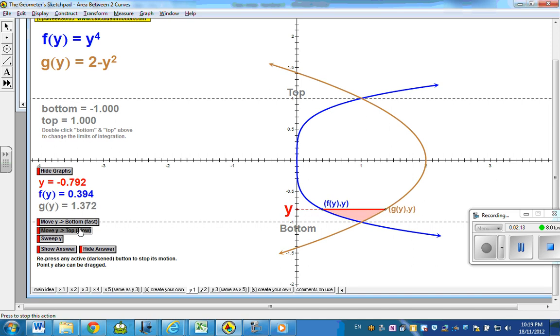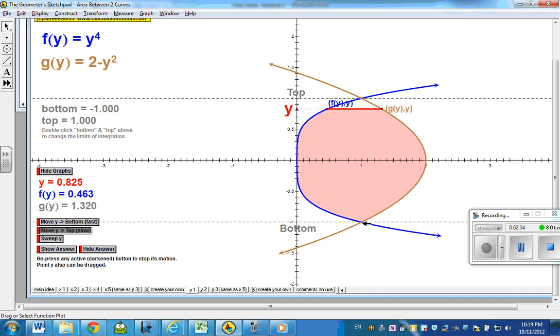in this case we're going to be using horizontal elements: x of the right curve, the brown curve, which is a parabola opening sideways to the left, minus the curve x equals y to the fourth, so x to the left is going to be y to the fourth.